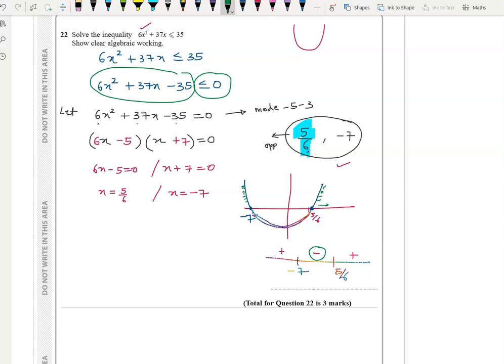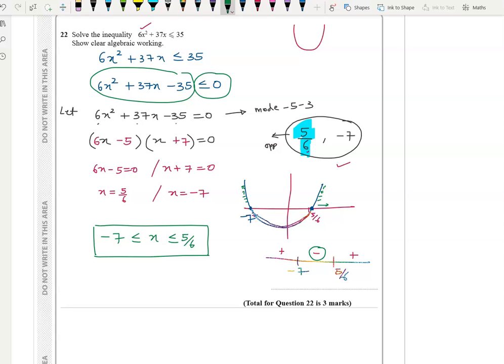So for this part, the corresponding values of x are between -7 and 5/6. So our final answer will be -7 less than or equal to x less than or equal to 5/6. Between this inequality, the function will have value negative. Okay, so this is a solution for this quadratic inequality.